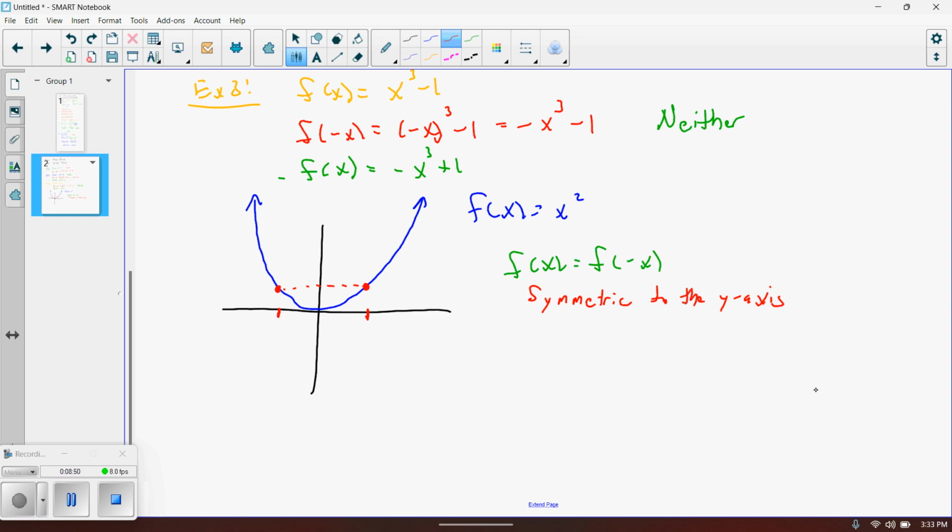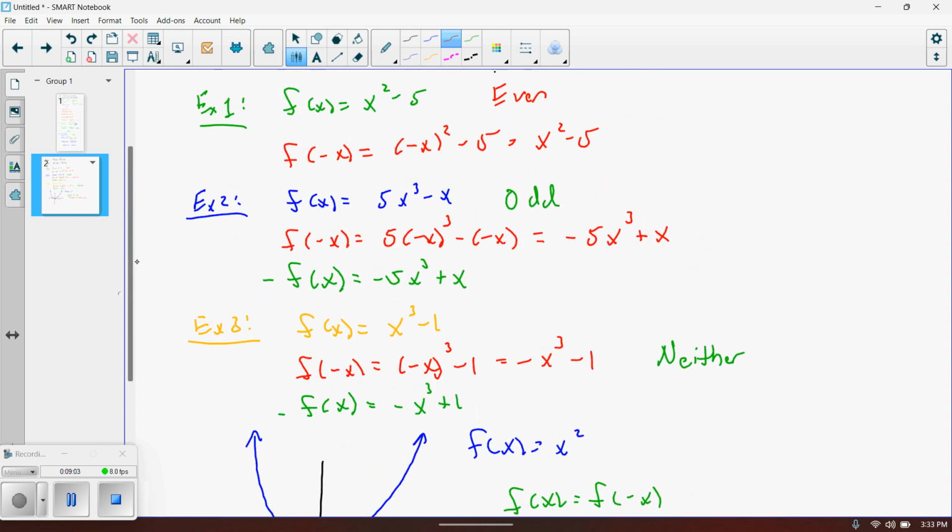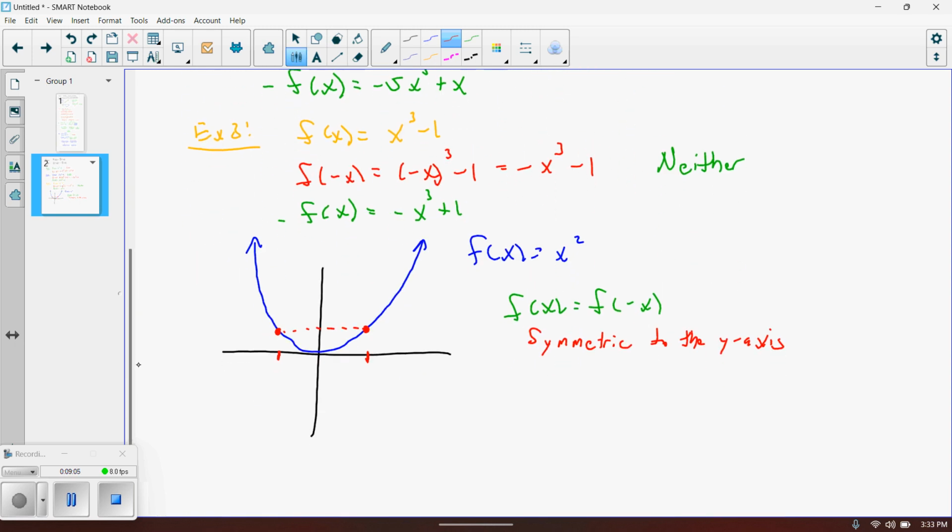Your standard parabola y equals x squared, or in this case f of x equals x squared, is going to be an even function because it will be symmetric to the y-axis, which is why example number 1 worked, because that function f of x equals x squared minus 5 is the parabola that we see here, just shifted down the y-axis literally 5 units. So that's why it worked out to be even. Again, think of it that way: positive or negative x input produces the exact same y output, even function. That's why f of x would have to equal f of negative x for it to be even.